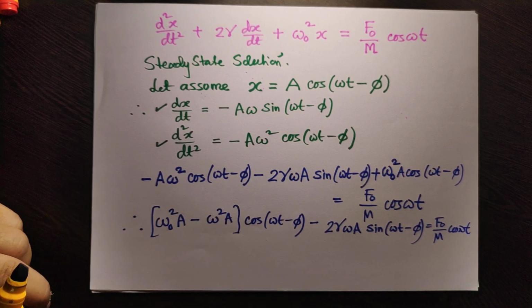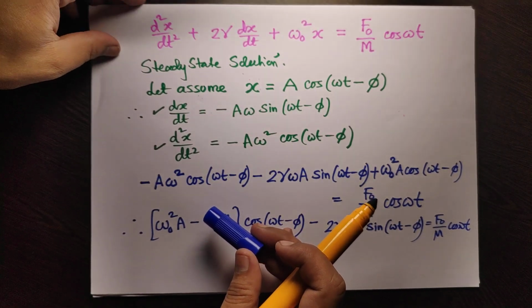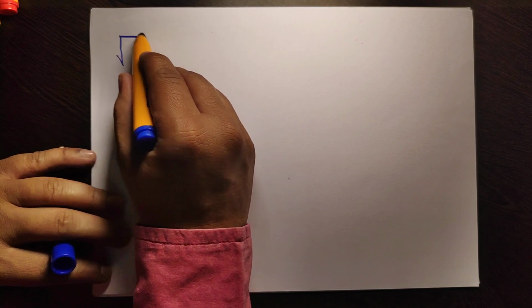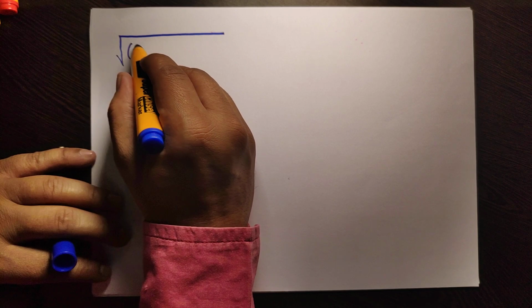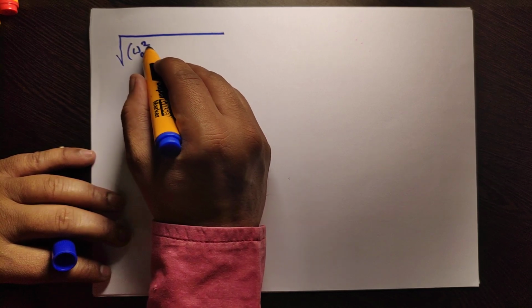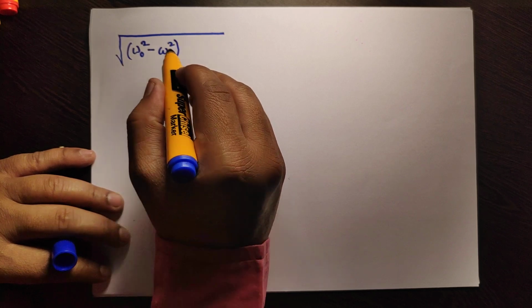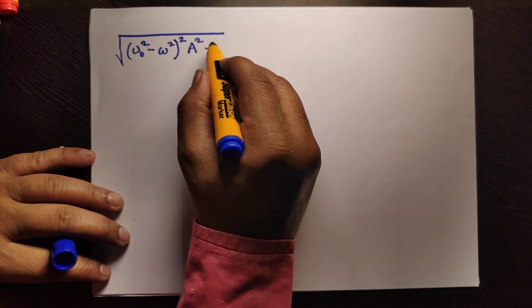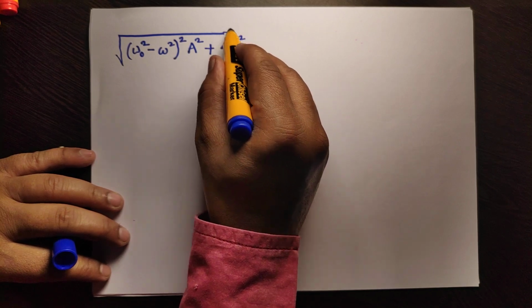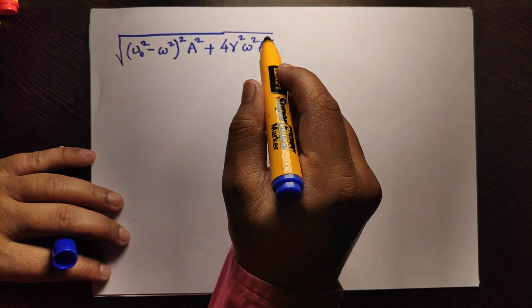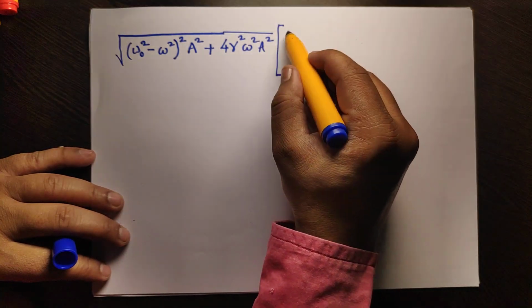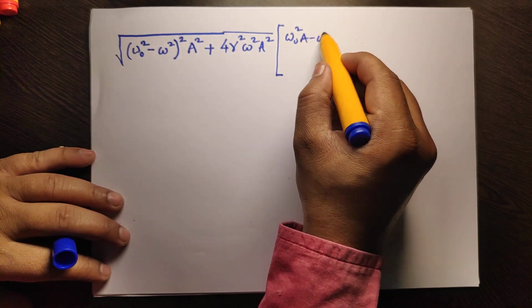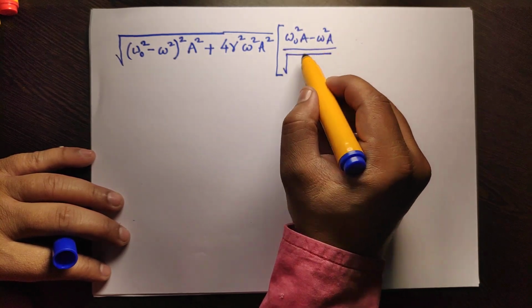Okay. So further, if we simplify this equation, here you have to multiply that by this square root of omega naught square minus omega square, whole square into A square plus 4 gamma square omega square A square, multiplied by this omega naught square A minus omega square A divided by this thing.